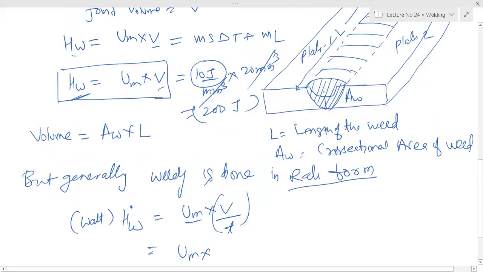This metal deposition or this melting takes place with some speed. Suppose this U is your speed by which this welding takes place.